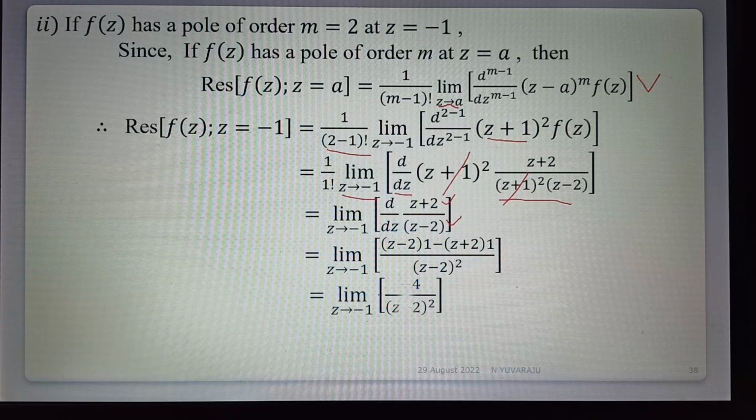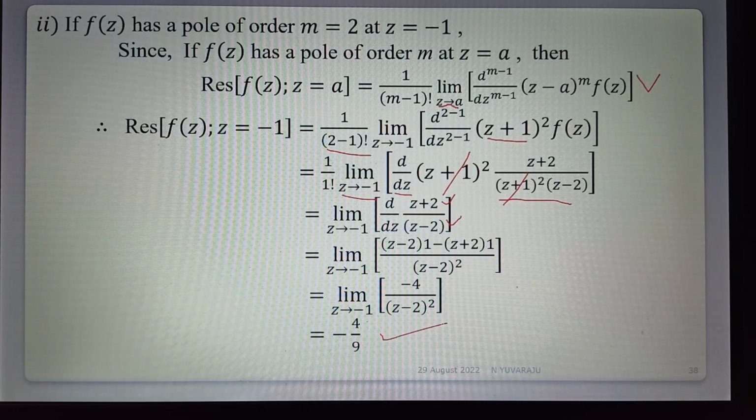Simplifying, limit z tends to minus 1, z cancels, minus 2 minus 2, that is minus 4 by z minus 2 whole square. Now substituting z is equal to minus 1, that is minus 4 by minus 1 minus 2 whole square, that is 9, so minus 4 by 9.